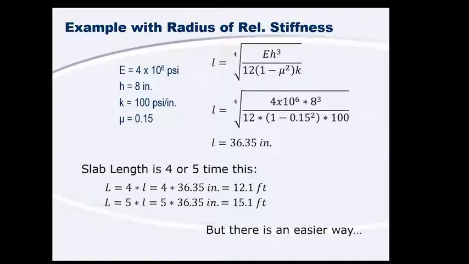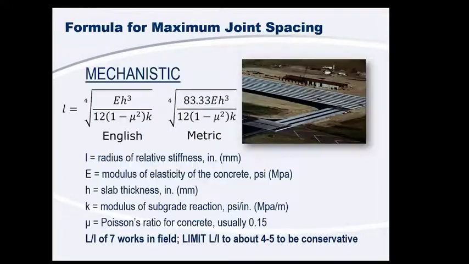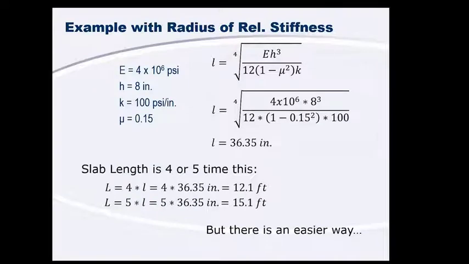If we calculate that out, our radius of relative stiffness is about 36 inches or about 3 feet. So now you multiply that times the ratios that we said we wanted to limit to, 5 or 7 in the field, and you get about 12 feet or 15 feet, which is very typical for what we would see in the field. So about 15 feet for our joint spacing.